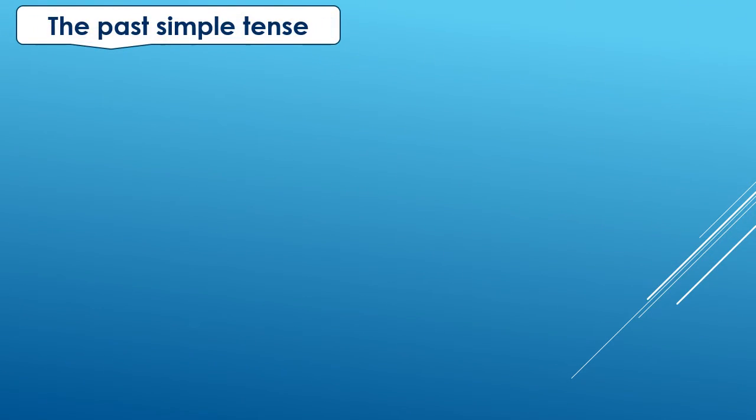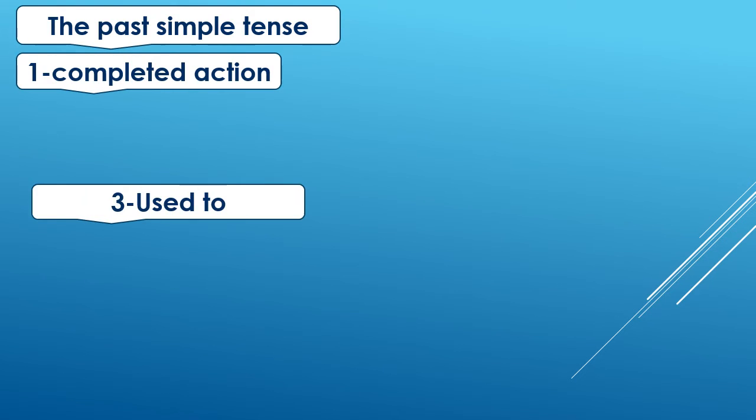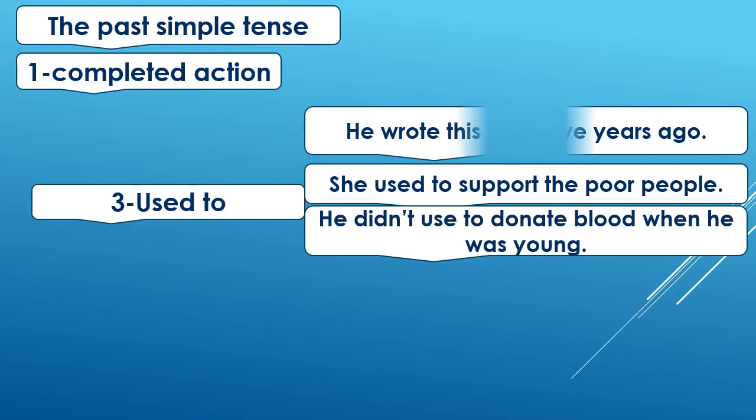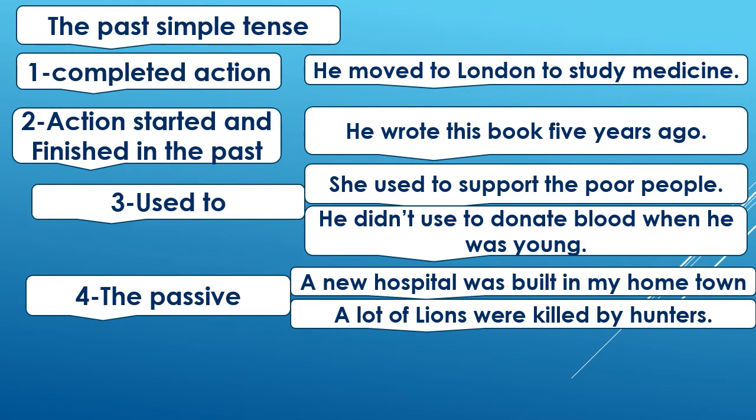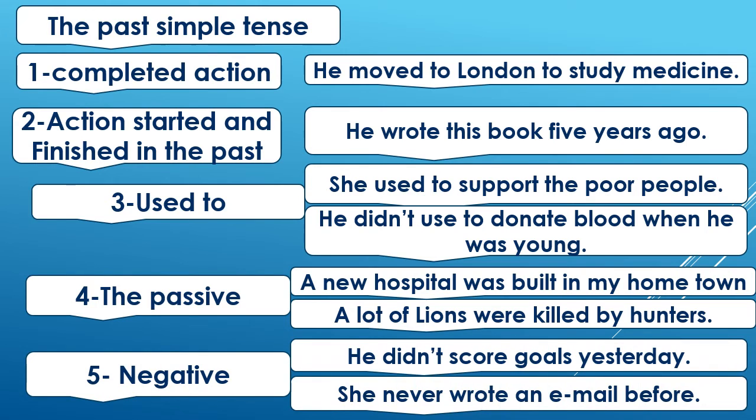Okay, now with the past simple tense. Number 1, the past simple tense, completed actions in the past, like he moved to London to study medicine.